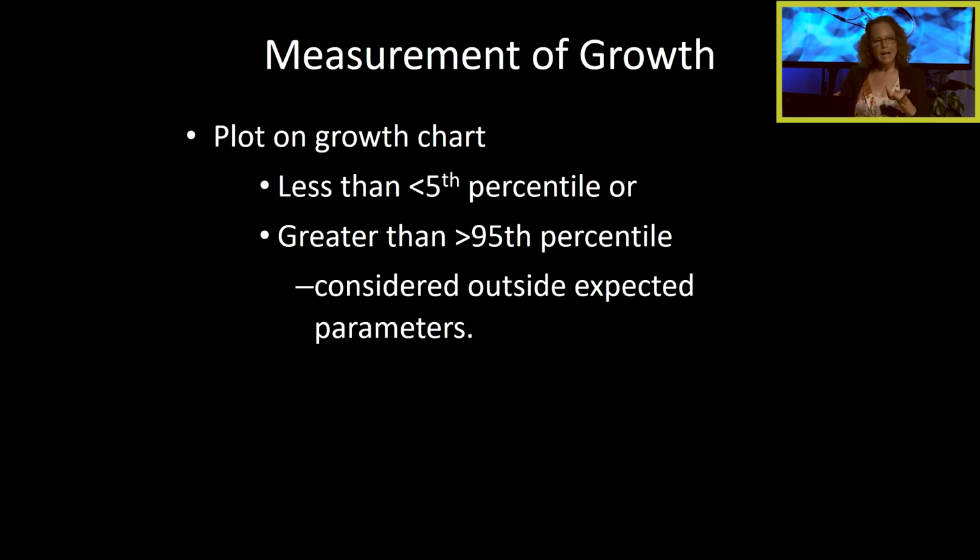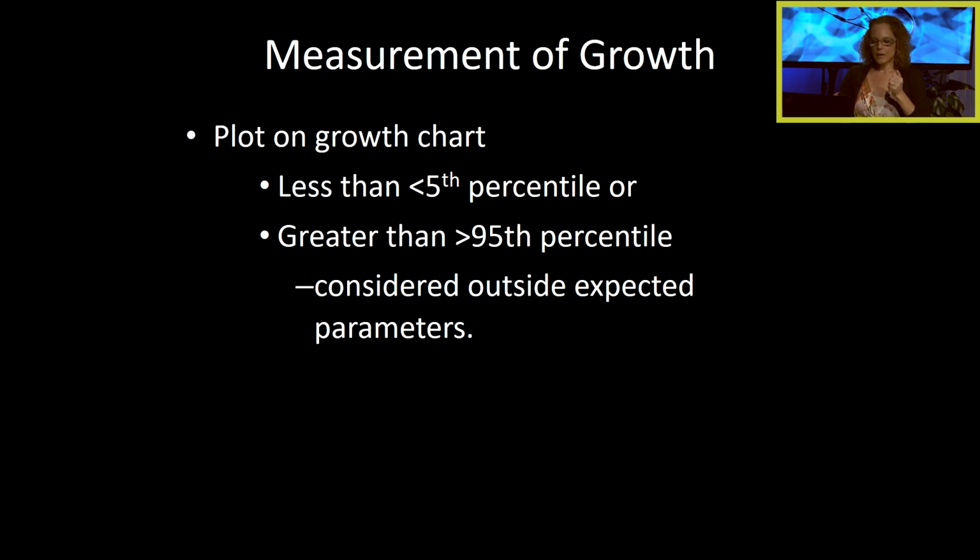Then we take those numbers, that quantitative data, and we plot it on our growth chart. And so less than the 5th percentile or greater than the 95th percentile is considered to be outside of the expected parameters. And we'll talk a little bit more about what that means.